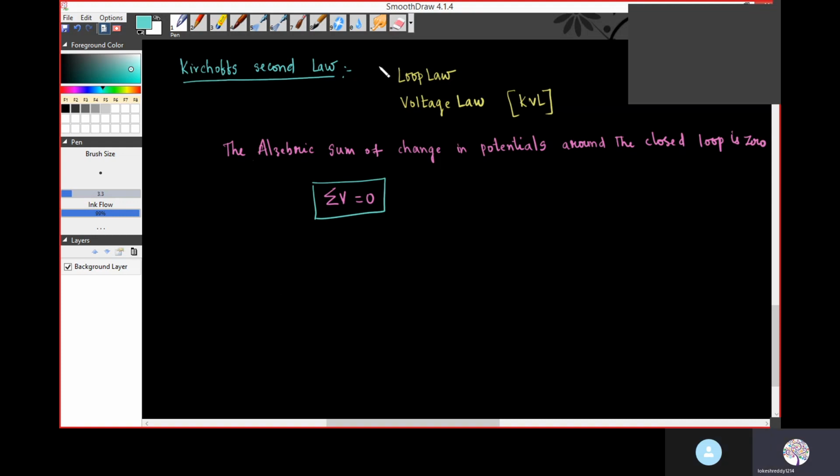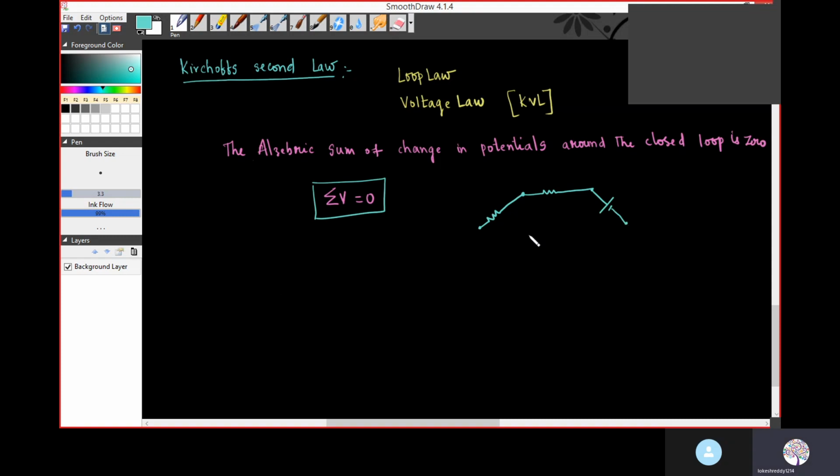Now I'll take a closed loop and just write the equations, to show how to apply this in a closed loop. So now I will consider, say, a point. From this point I will write some resistance. Then here one more resistance. Here one cell.